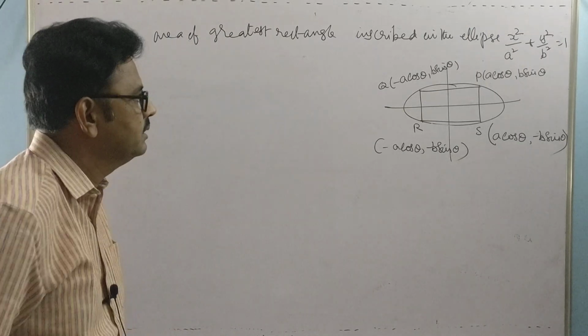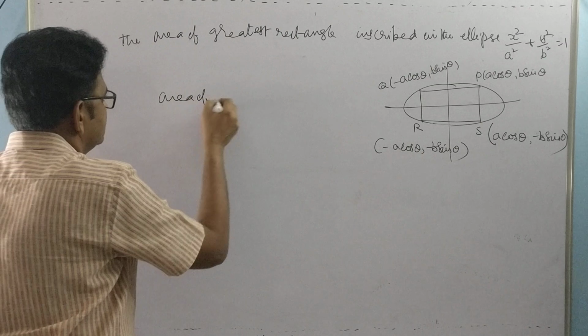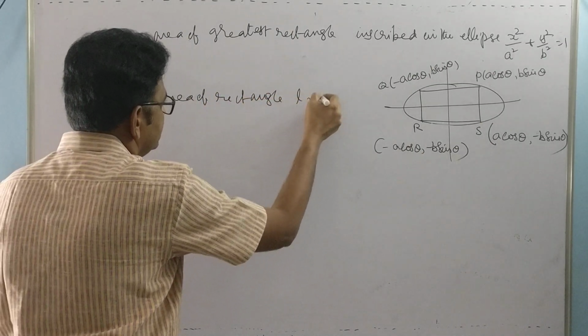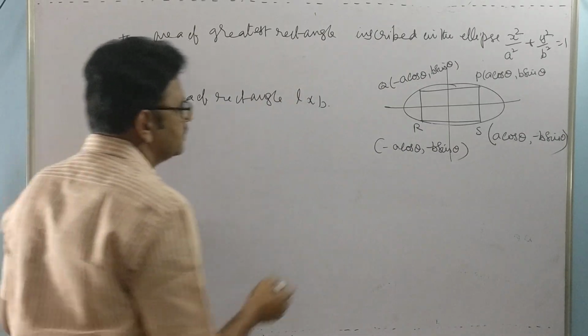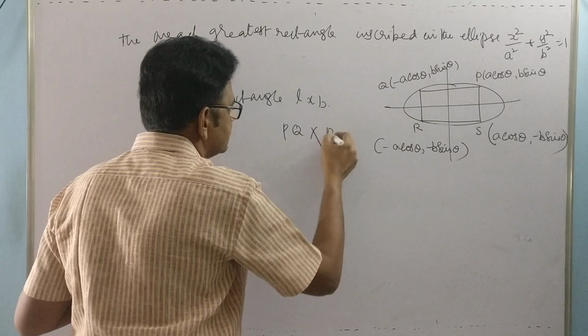What is the area formula? The area of a rectangle is length into breadth. That means PQ into PS.